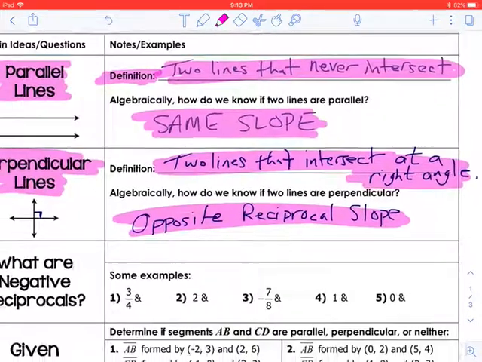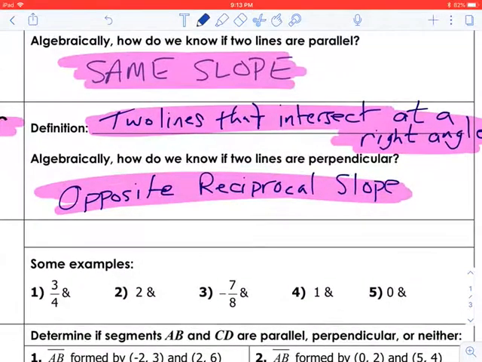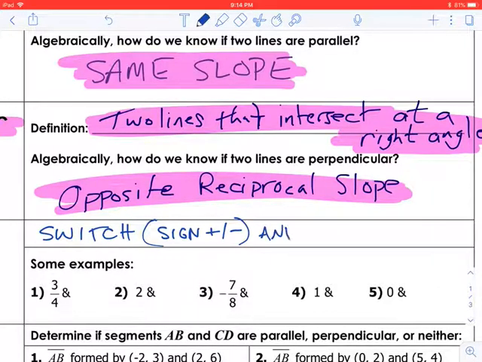So what are negative reciprocals, or opposite reciprocals, that I'm talking about? To find the reciprocal, or the perpendicular slope, you need to do two things. You have to switch and flip. Switch the sign, like plus or minus, and flip the fraction.